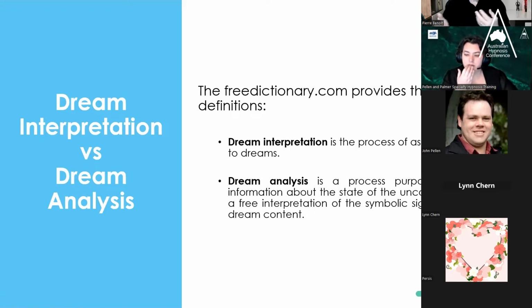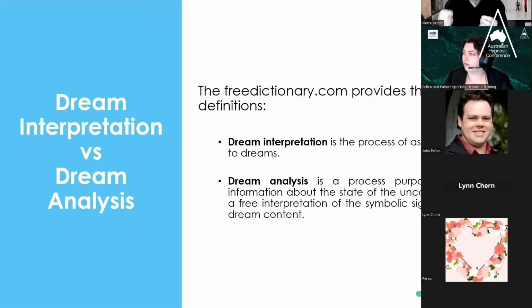Let's talk about our first topic. What's the difference between interpreting dreams and analyzing dreams? Basically, freedictionary.com provides the following definitions. Dream interpretation is a process of simply assigning a meaning to a dream, and usually people use dream interpretation with books of general interpretations of different symbols.